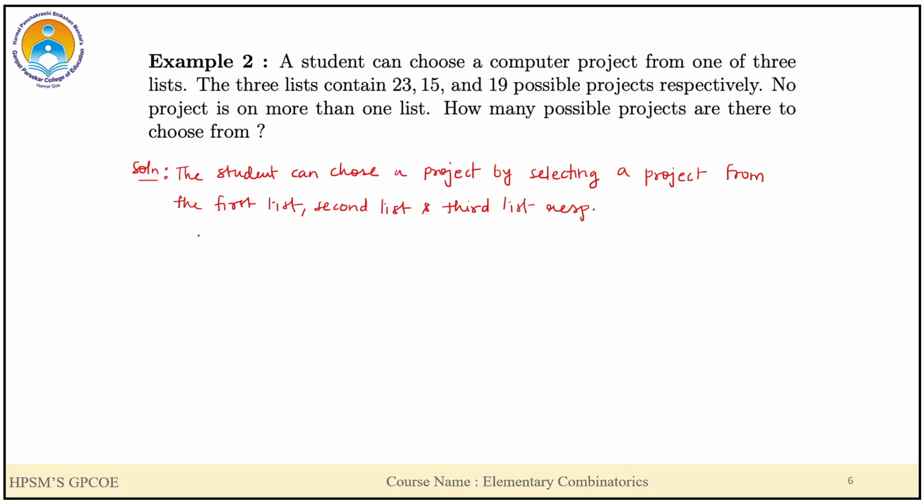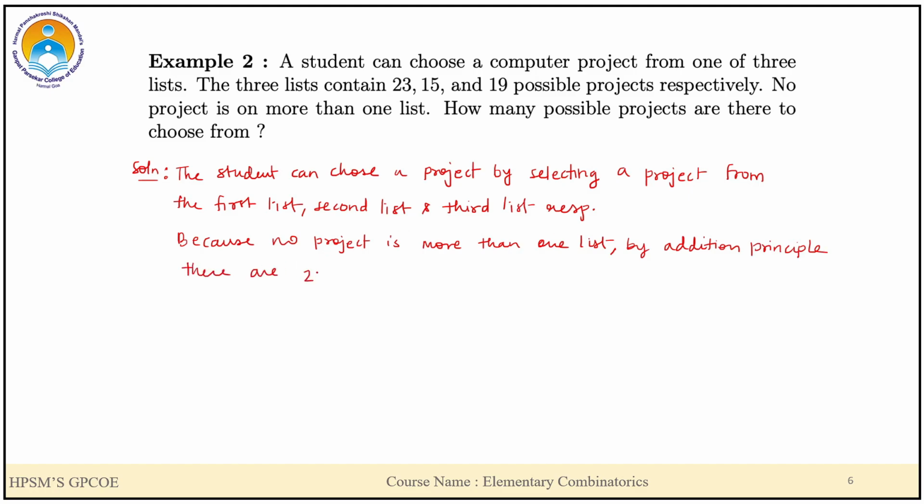Because no project is on more than one list, by addition principle there are 23 plus 15 plus 19, which comes out to be 57 ways to choose a project.